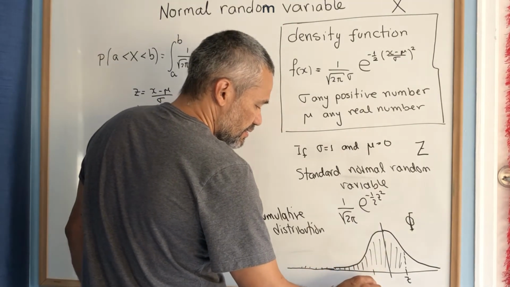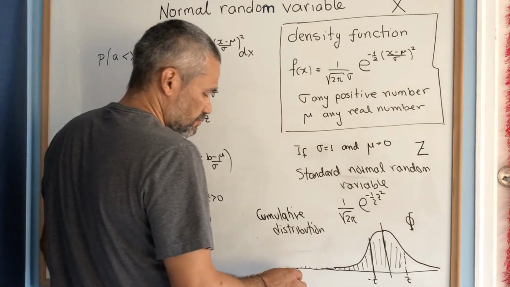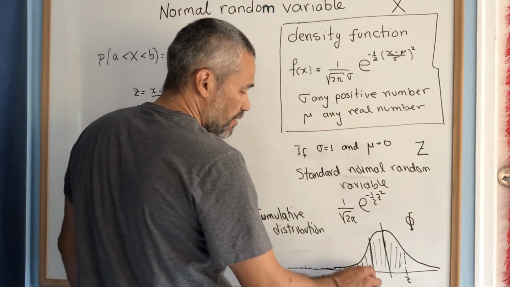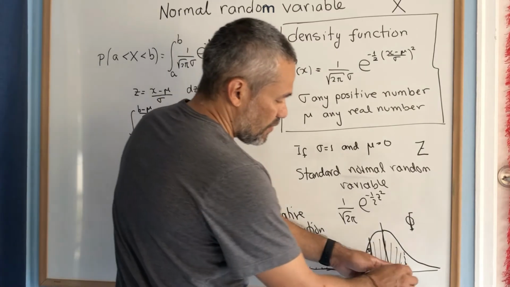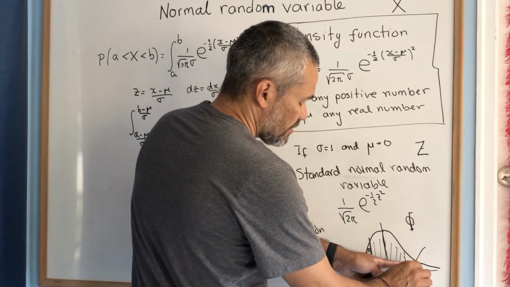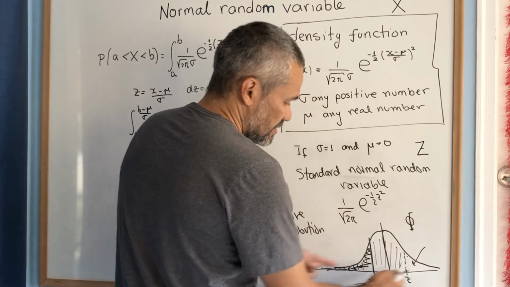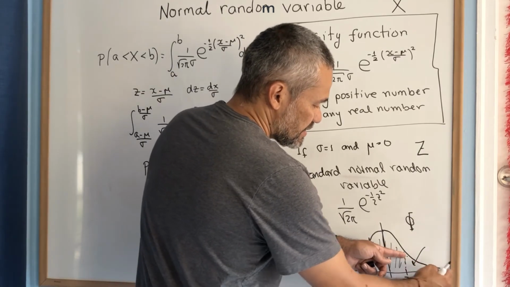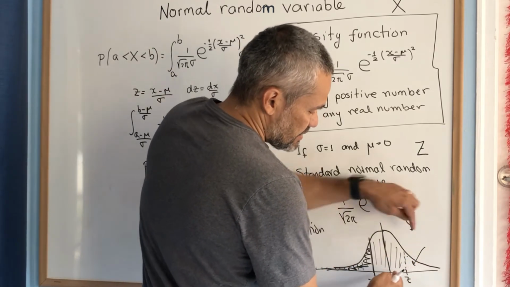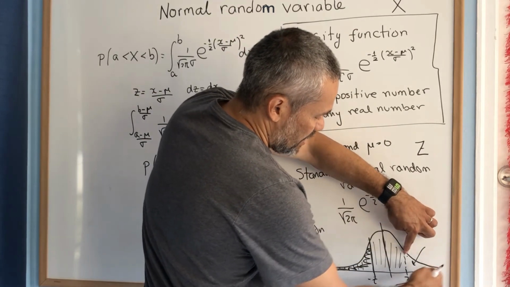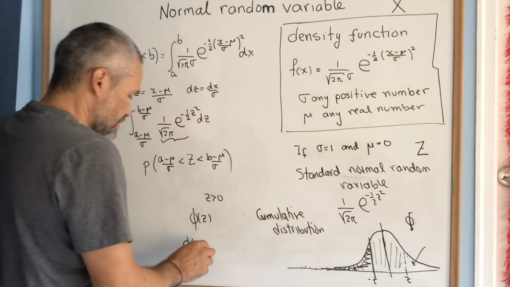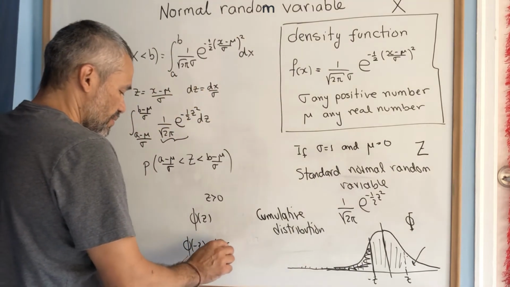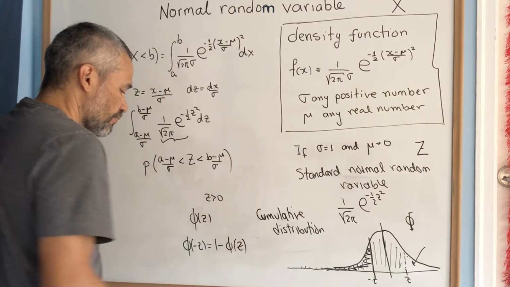Negative c is here. The area from negative infinity up to here, we can see that it is equal to this area here. And what is this area? This area is just the whole area, which is 1, minus the area before that. Then this is a formula that we're going to be using.